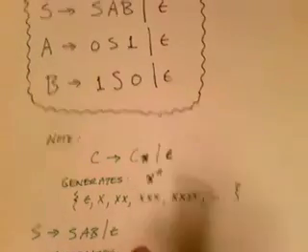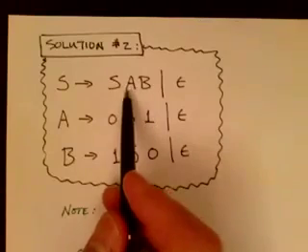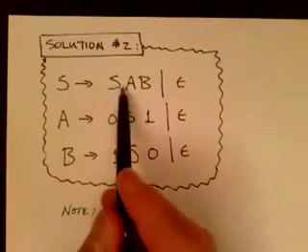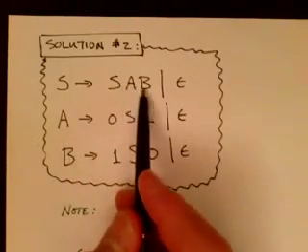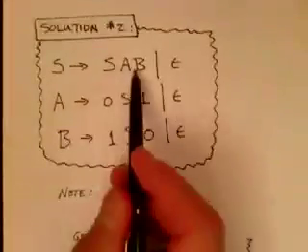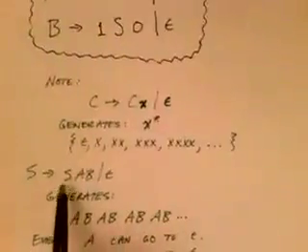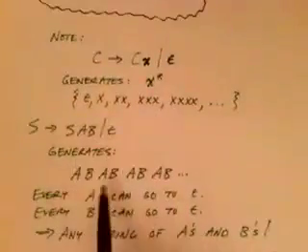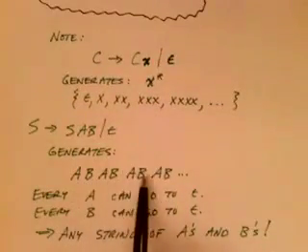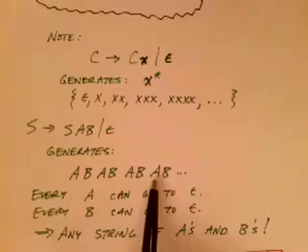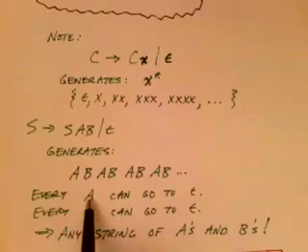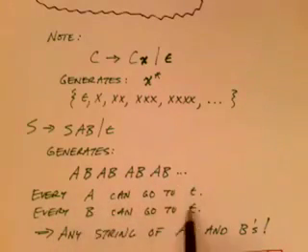So if we look up here, we see that pattern. We've got left recursion, we have a string of 0 or more AB pairs. So these two rules generate AB, AB, AB, AB. Now notice that with these rules, every A can go to an epsilon, and every B can go to an epsilon.